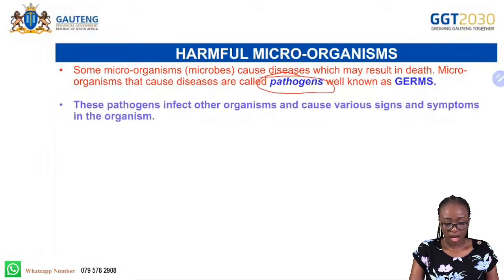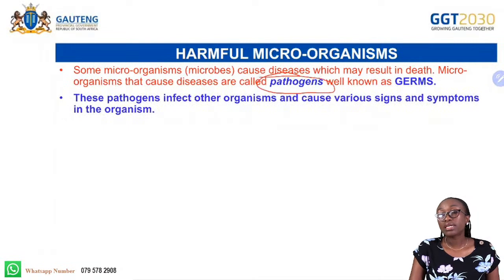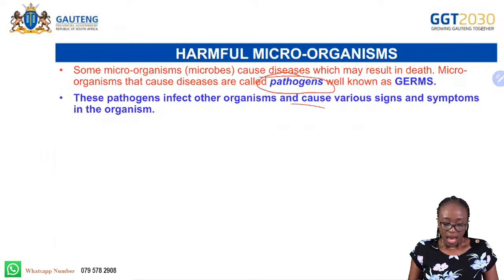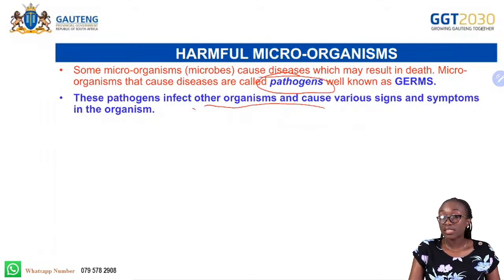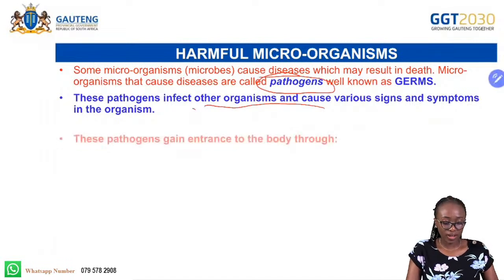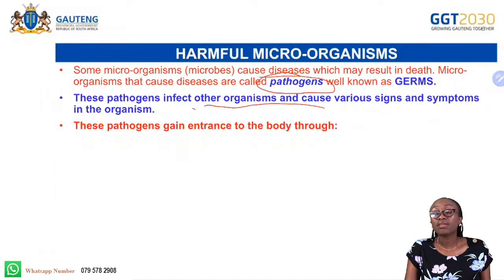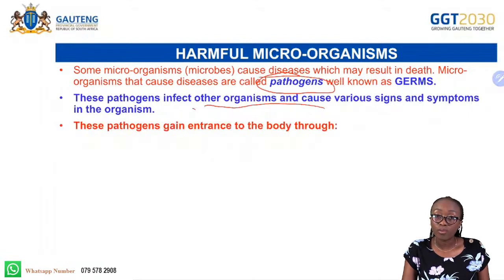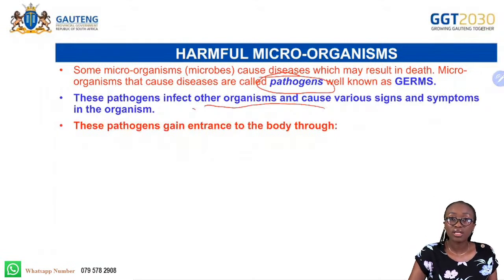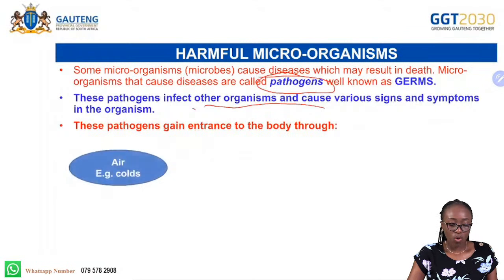Now, these pathogens infect other organisms and cause various signs and symptoms in the organism after they have infected it. And these harmful pathogens can gain entrance in the body of the unsuspecting organism through air.